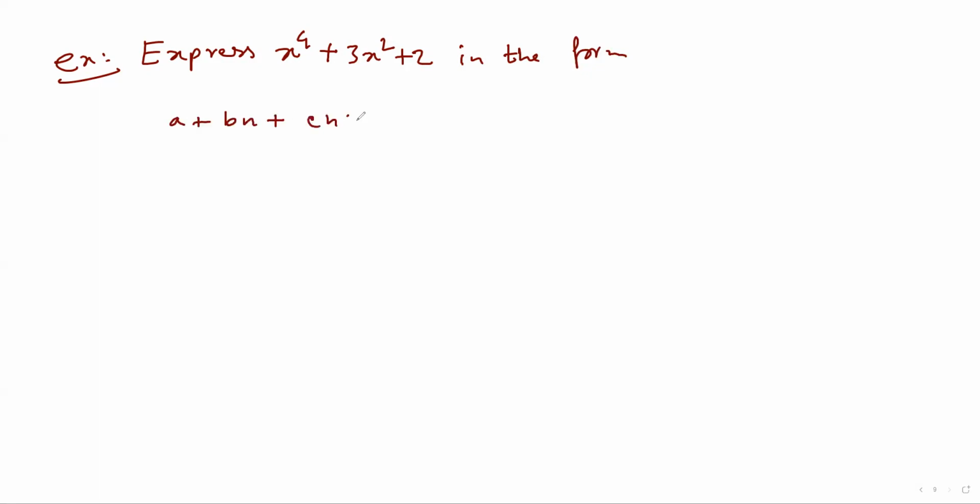For example, express x to the power 4 plus thrice x squared plus 2 in the form a plus bn plus cn(n plus 1) plus dn(n plus 1)(n plus 2) plus en(n plus 1)(n plus 2)(n plus 3).